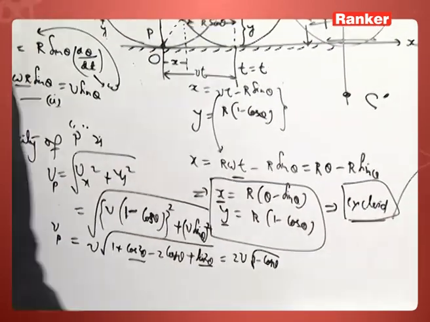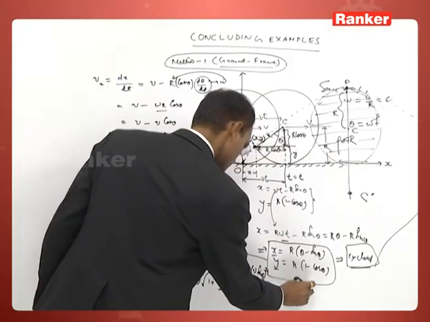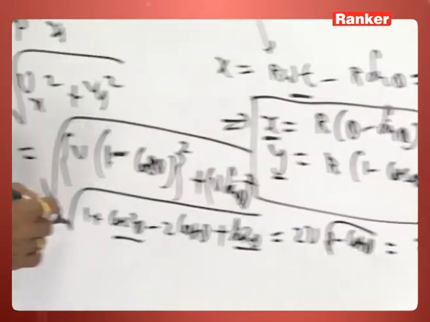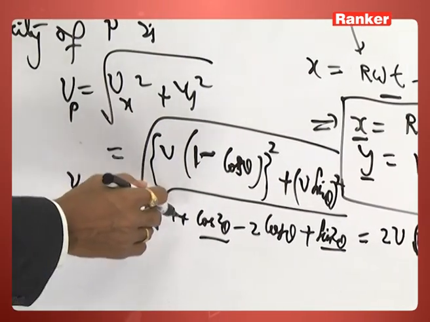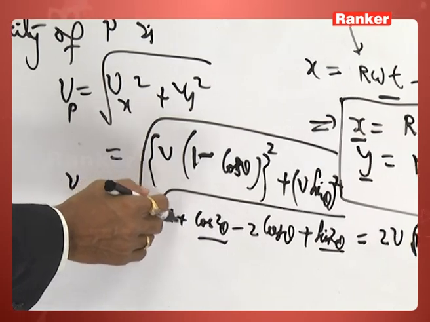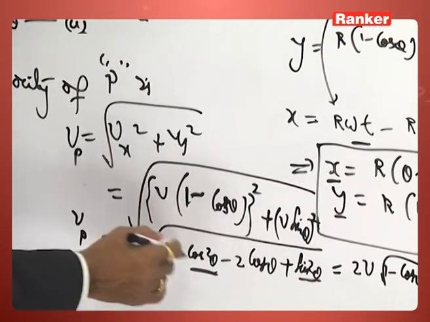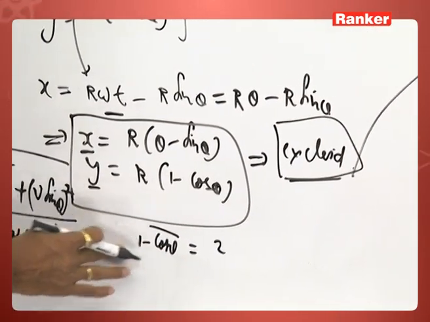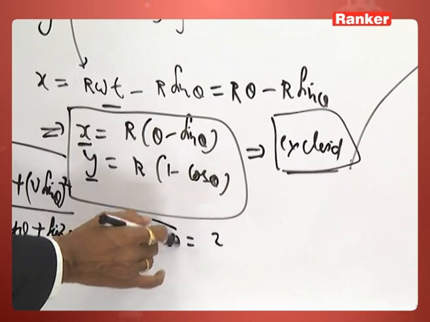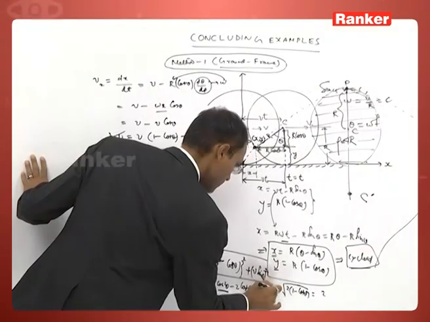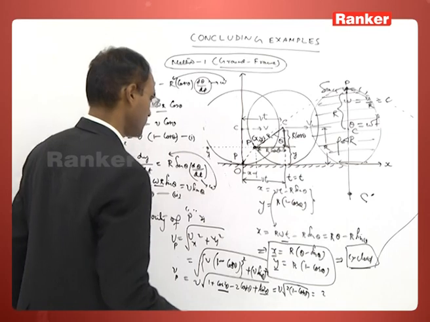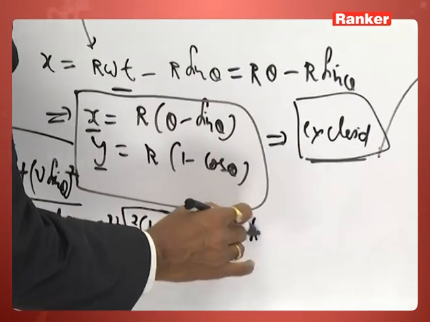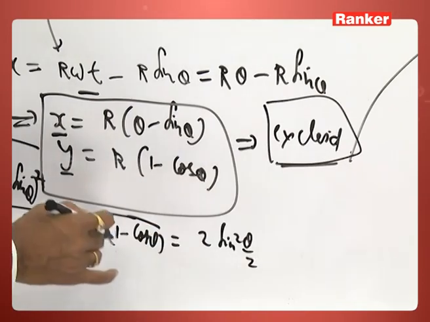So this 2 must be kept inside the square root. 1 minus cos theta can be written as 2 sin square theta by 2.